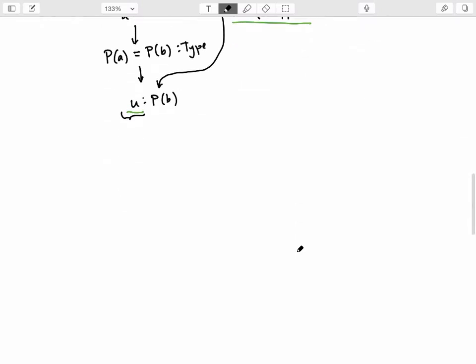So one would be something like this. Exchange is not valid. So what is the exchange rule?